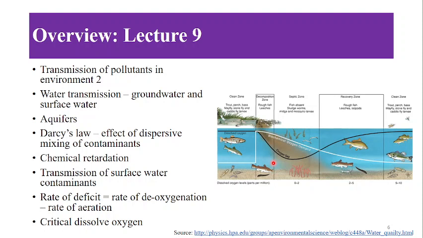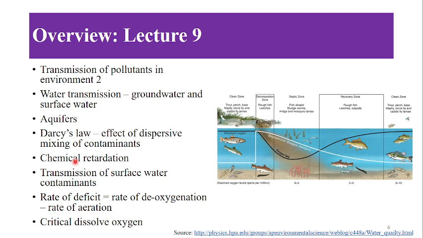Next, Darcy's law was discussed, which basically is about the effect of dispersive mixing of contaminants, and which gives the relation that the gradient of concentration of the two groundwater sources is proportional to the velocity of groundwater.